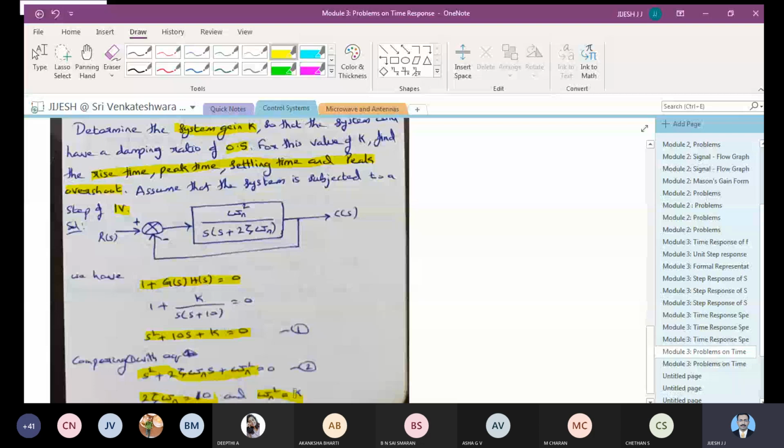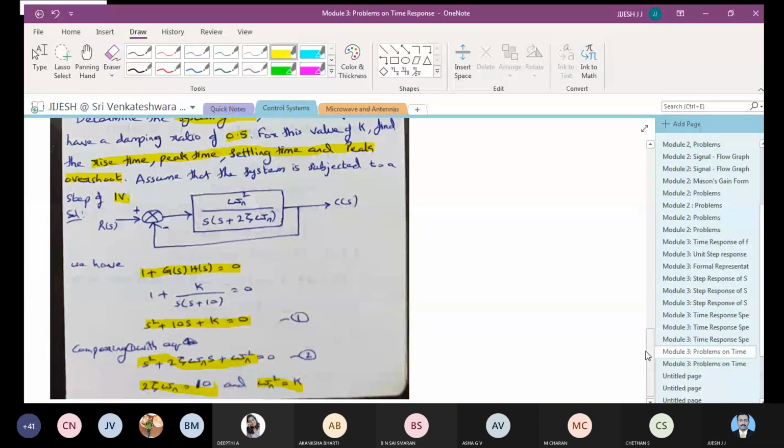Find out k further. See, has anyone got the value of k? Try, whether it is correct or wrong doesn't matter. You can just say what value you got for k.